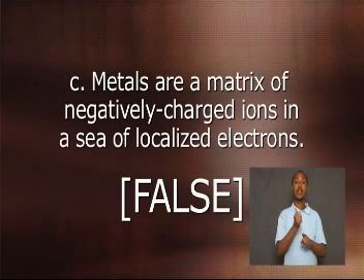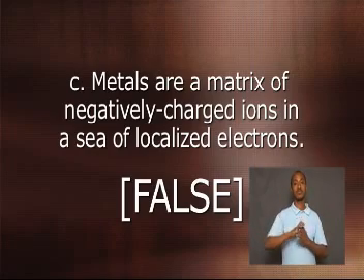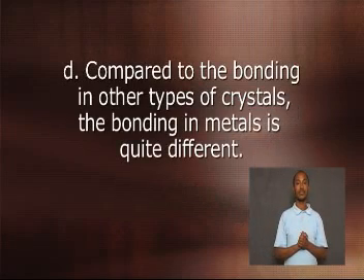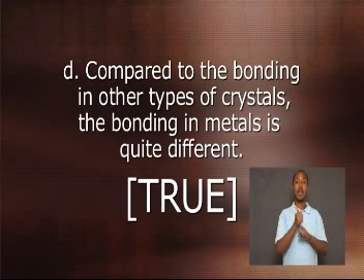Metals are a matrix of positively charged ions in a sea of delocalized electrons. Sentence D is true. Compared to the bonding in other types of crystals, the bonding in metals is quite different. Did you answer all of those correctly? If you did, then you are doing great.